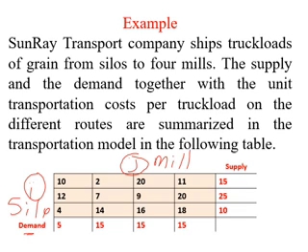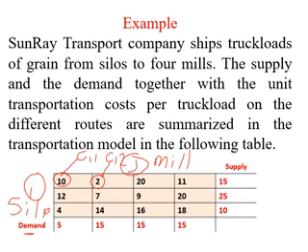And the values inside these rows and columns are the cost of shipping from source to destination. So these values are the cost. Cost 1,1 means the cost of shipping from source 1 to destination 1. And this is cost 1,2.